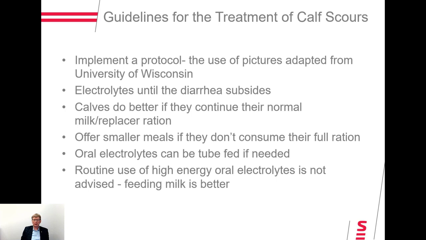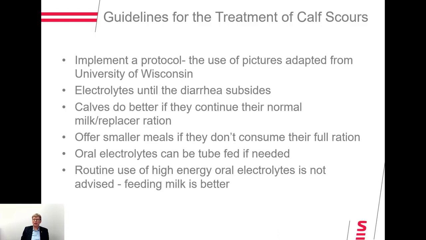The milk and the milk replacer have a lot of good nutrients and a lot of energy in them, and calves do better, as proven in several studies, compared to animals that are taken off milk or milk replacer totally. So feed only small amounts if they don't consume their full ration.